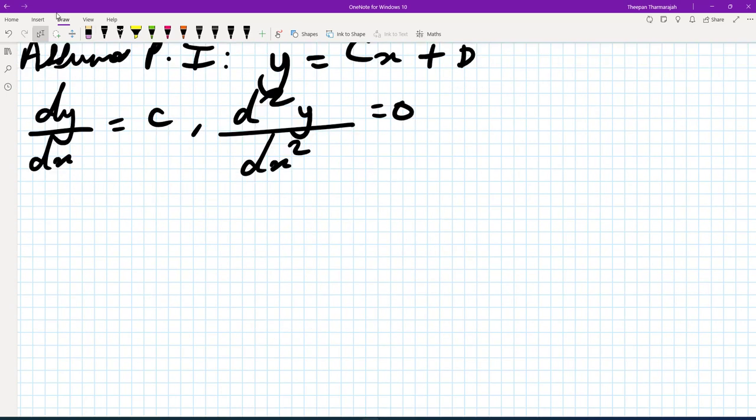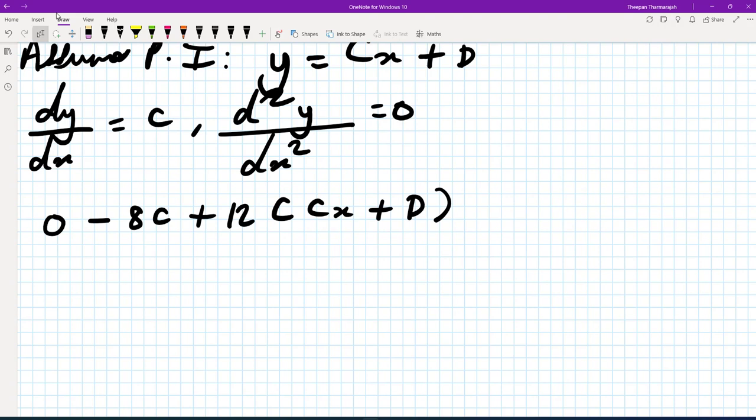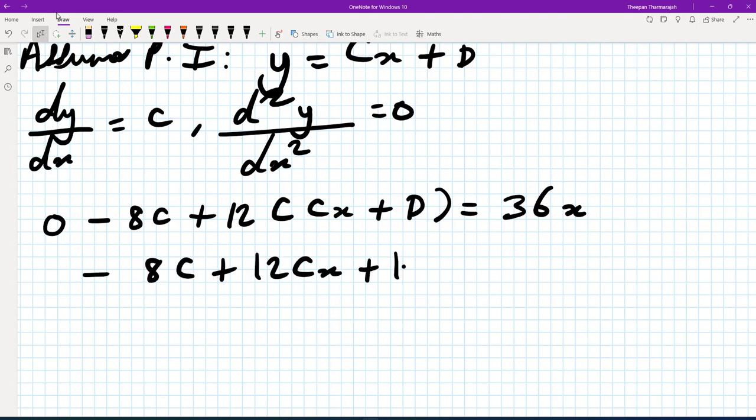So now substituting this into our equation, we get 0 minus 8 times dy by dx, which is c, plus 12 times y, which is our particular integral, cx plus d. Now that's equal to 36x. So we can say minus 8c plus 12cx plus 12d is equal to 36x.